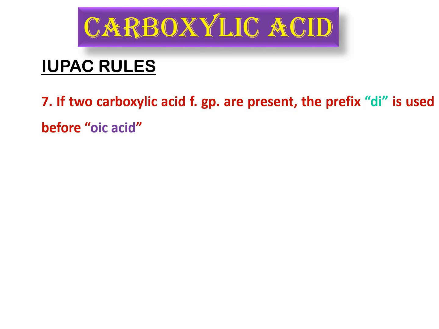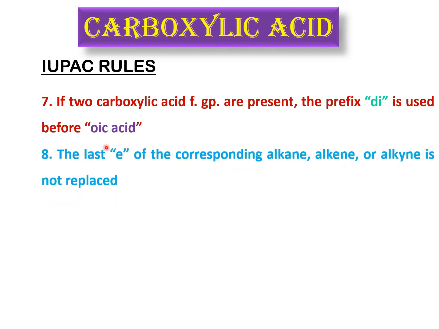Now we can have more than one carboxylic acid functional group in a chain. You can have this carboxylic acid at both ends of the carbon chain. So in that case, again, a prefix di is used before oic acid, so it becomes a dioic acid. And in such cases, the last E of the corresponding alkane or alkene or alkyne is not replaced.